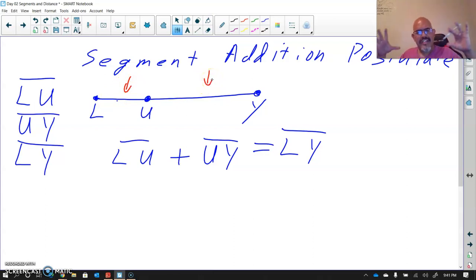Then we have the entire segment called LY. So we have these 3 segments. The 2 smaller segments, when you put them together with glue or whatever, become the length of the longer segment. So we have LU plus UY is equal to LY. This is the segment addition postulate in a nutshell. We take the 2 smaller segments, add them together, and we get the larger segment.